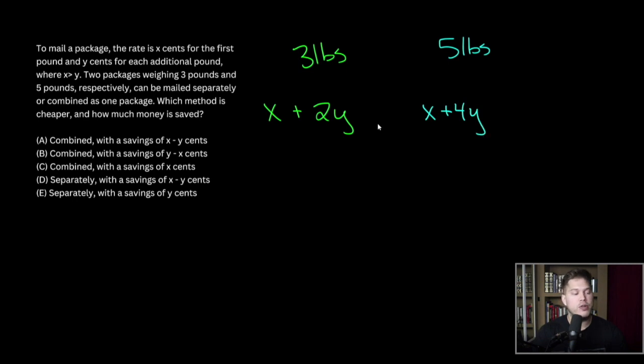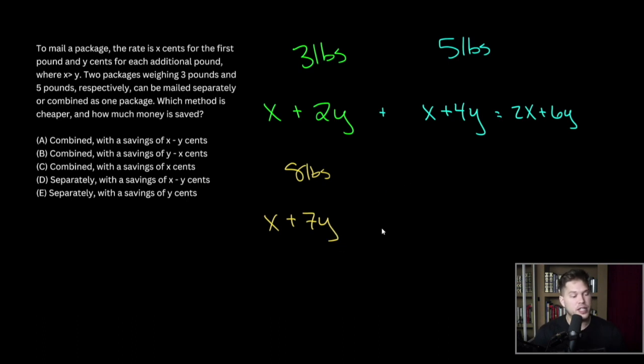So if you mailed the two separately, it would cost a total of 2x plus 6y. However, if you mailed the package together, then you would have a single package which weighs 8 pounds. And we know that the first pound is X cents, and the remaining 7 pounds would cost Y cents.